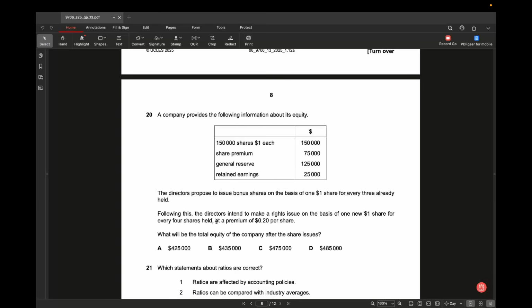Following this, the director intends to make a rights issue on the basis of 1 new share for every 4 shares held at a premium of 0.20 per share. Okay, so face value is 1, premium is 0.20, so we are issuing each share at 1.20. What will be the total equity of the company after the shares are issued?